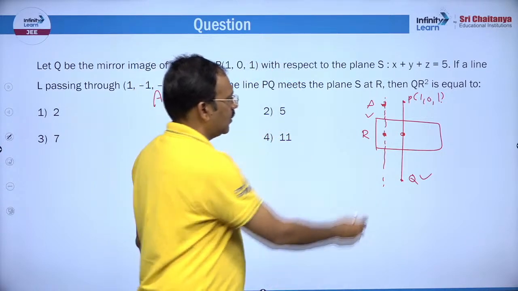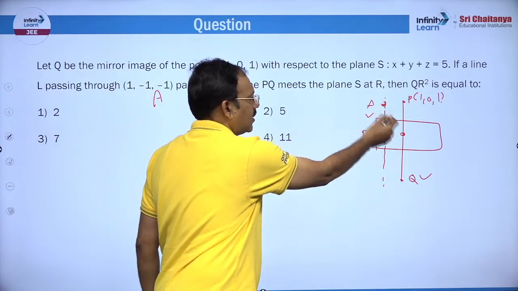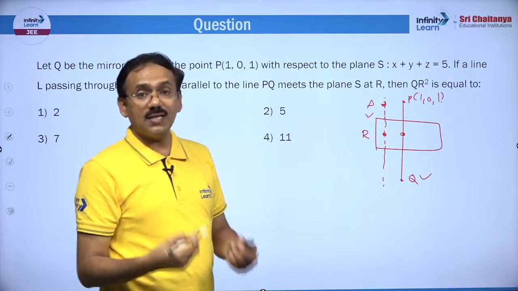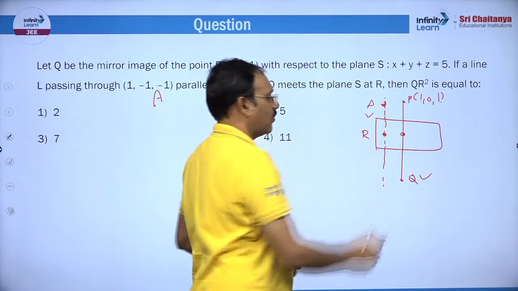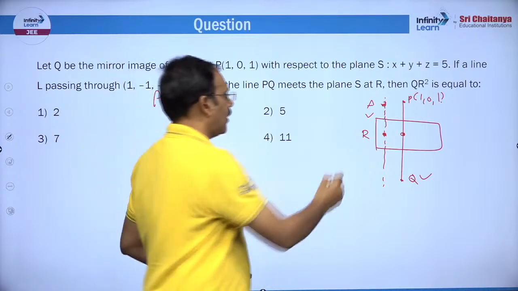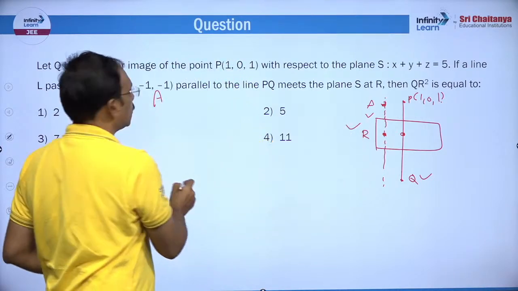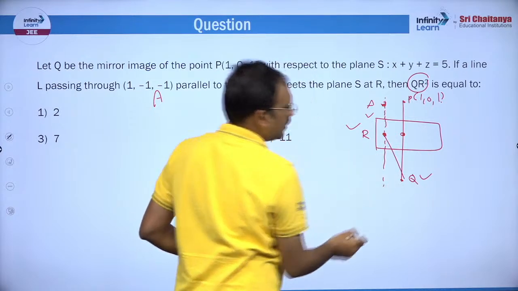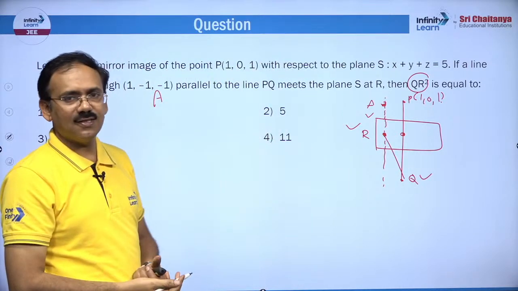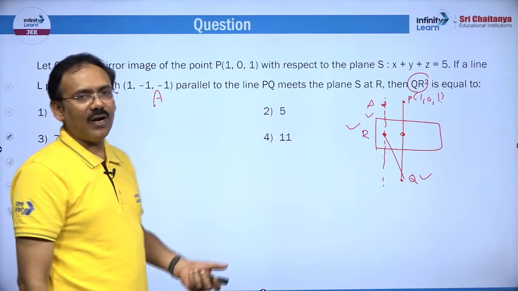Yes, because for this line already one point is there, DRs you know, you take the general point on the line, substitute in the plane equation, you will get this point. Now you know Q and R, he is just asking us to find QR square. QR you just find the distance square, that is it. This is the procedure.